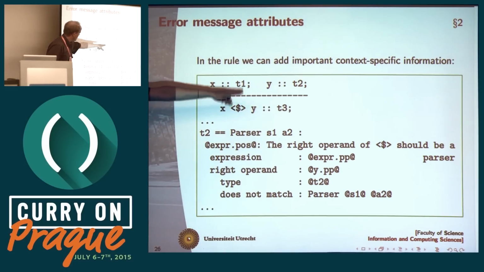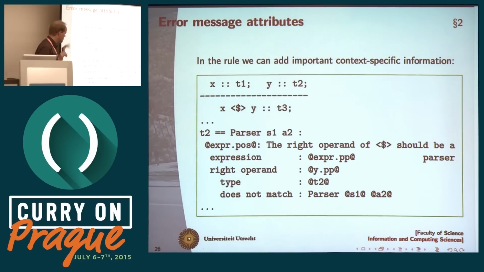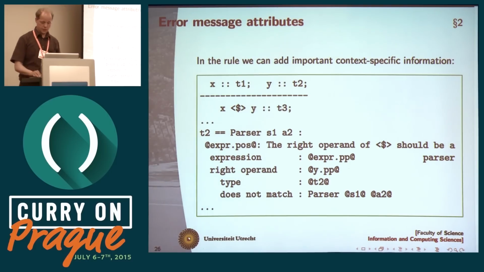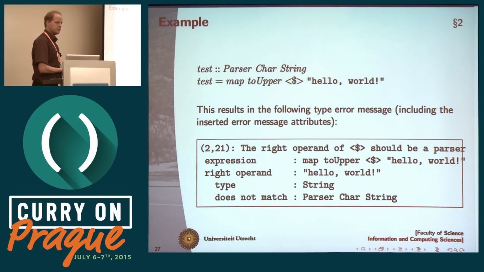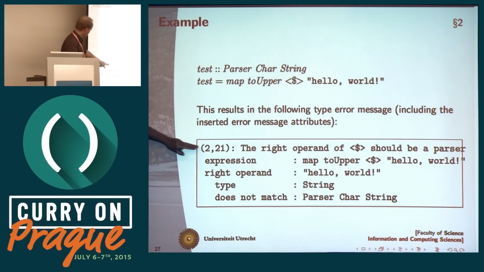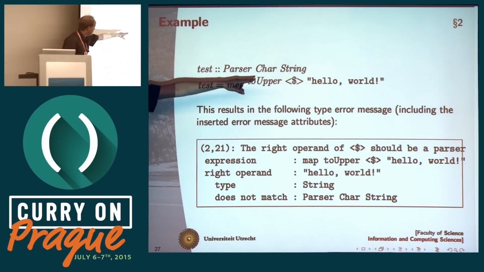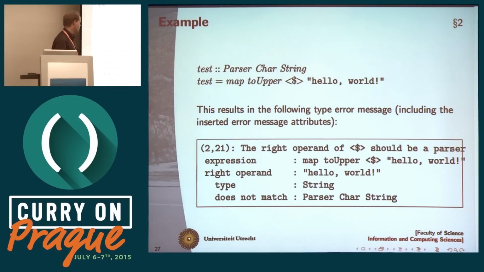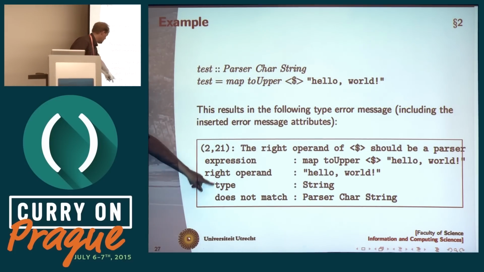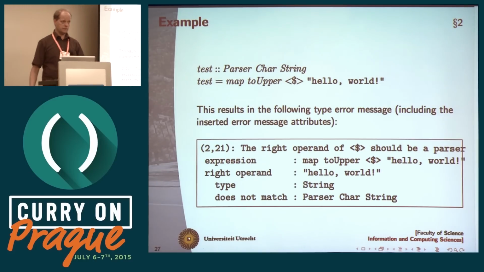You can also interpolate the types that at that point have been found for T1, T2, and T3. All this information is available. And then you can write it like this, and then this is the error message that you get. So now you see it's at 2.21. The right operand of dollar over there, the string hello world, should not be a string, because it should be a parser of string.